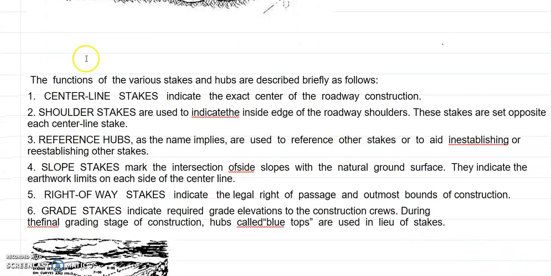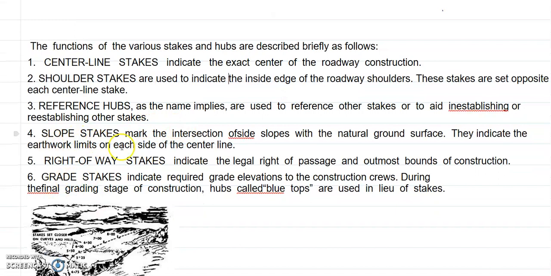Okay, so functions of centerline stakes, these indicate the center line of the construction. Shoulder stakes will indicate the inside edge of the roadway shoulders. Reference hubs, they are used to reference other stakes. Okay, so usually these reference hubs will be on benchmarks or temporary benchmarks.